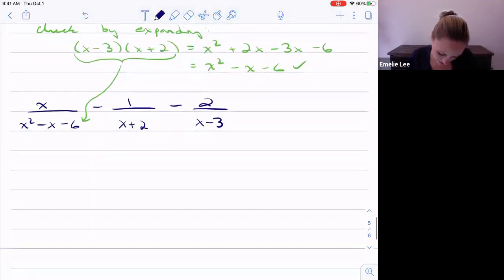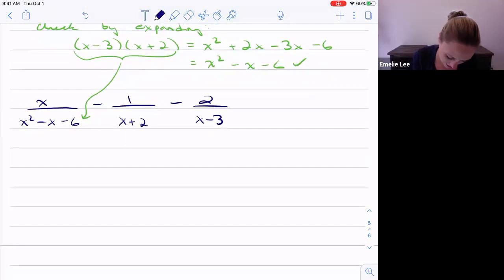I shouldn't have done it so lofty. I'll start writing over here with my equal sign. I'm always trying to stack my equal signs, so I can already tell that I'm going to need a lot of space, because I need to find common denominators all along here, which means I'm going to need to multiply by 1 a lot.